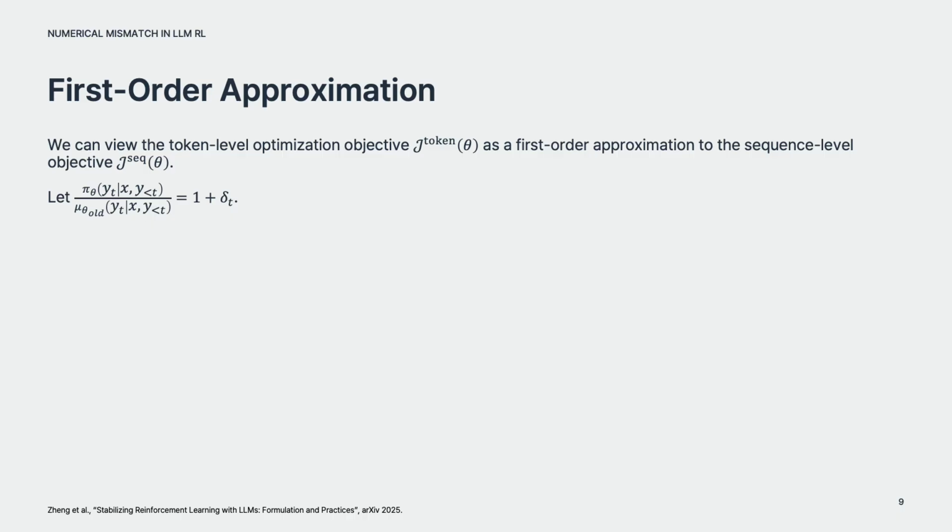The paper by the Qwen team views the token-level objective as a first-order approximation of the sequence-level objective. Specifically, they assume that the importance ratio at each token is close to 1 and can be written as 1 plus delta t, where delta t is small.